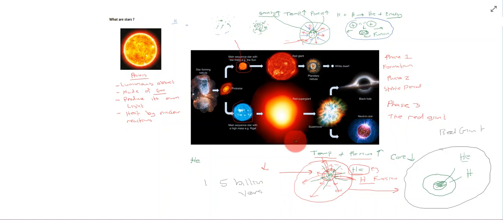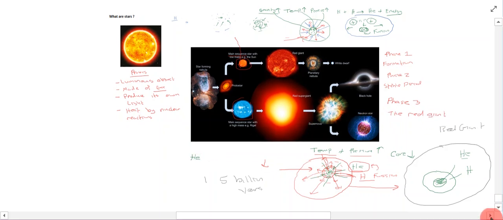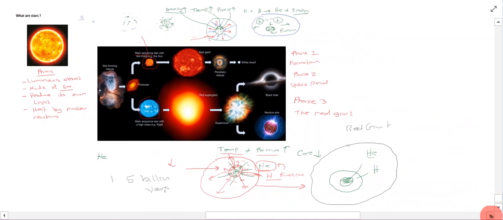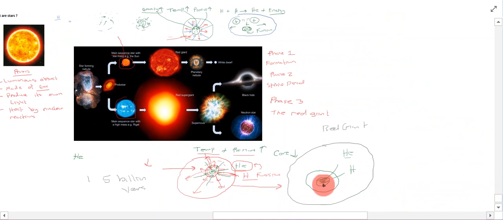Now, what's really interesting about this is that when this core here starts to get sufficiently big, you're going to get fusion of helium.